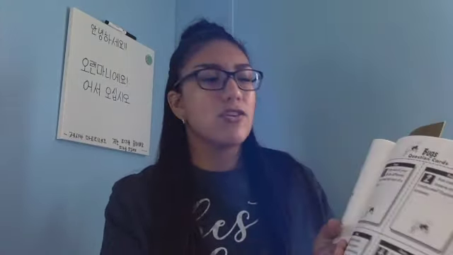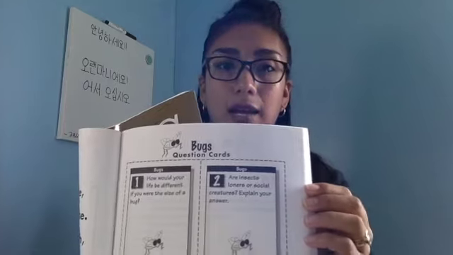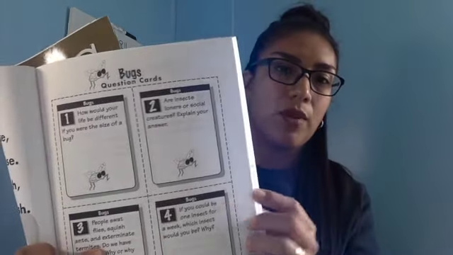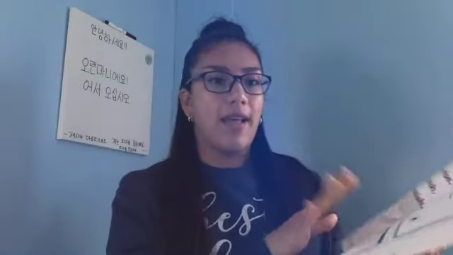So like this one, how would your life be different if you were the size of a bug? And then you can have them write about it. I usually like to just discuss verbally, because my kids aren't really into writing a lot, but we have really good discussions, so I can see how this is going to be super cool.